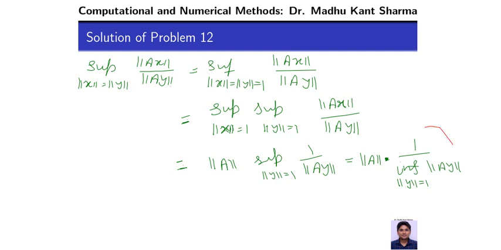Okay, right. So now note that norm of y is equal to norm of A inverse Ay. Use the property of subordinate matrix norm. This is less than or equal to norm A inverse times norm of Ay. So what does this imply?